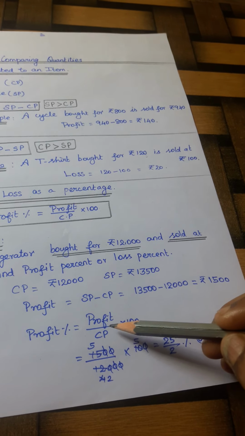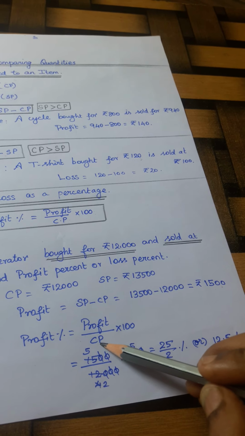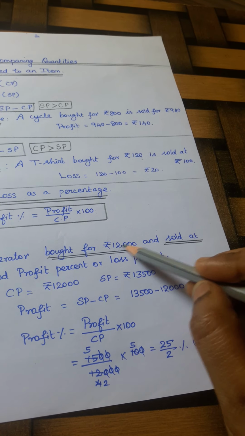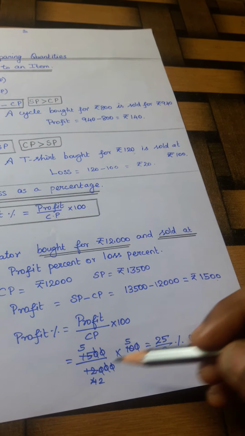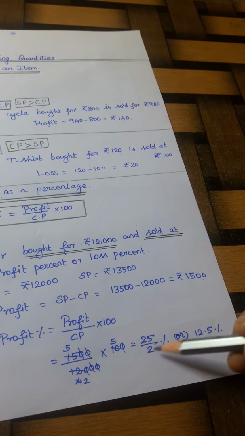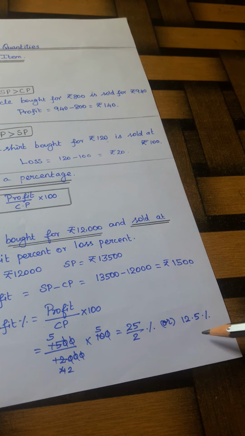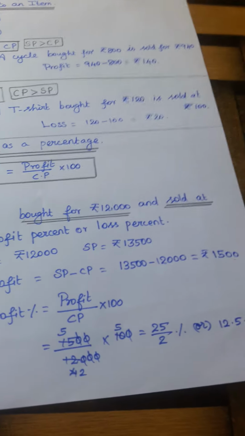Here the profit is 1,500 and the cost price is 12,000, into 100. By simplification we get 25 by 2 as the answer, otherwise 12.5%. That is our profit percentage.